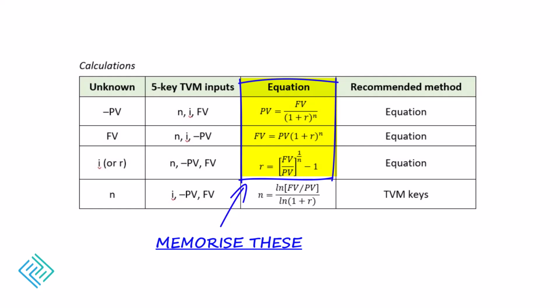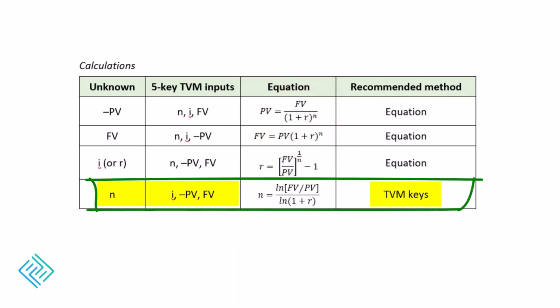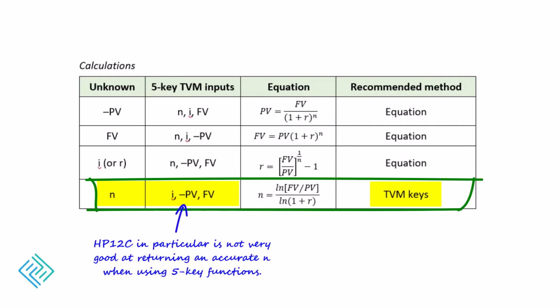Even if they look a little bit daunting at first, I can practically guarantee that they will become old friends. It is perhaps only when solving for n, the number of periods, that you might want to turn to the 5 key functions. But even there, you need to be aware that your calculator may return an unreliable approximation, and only the equation is guaranteed to return the exact answer you're looking for.